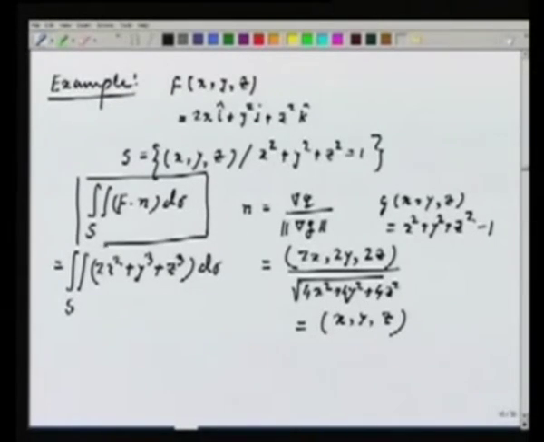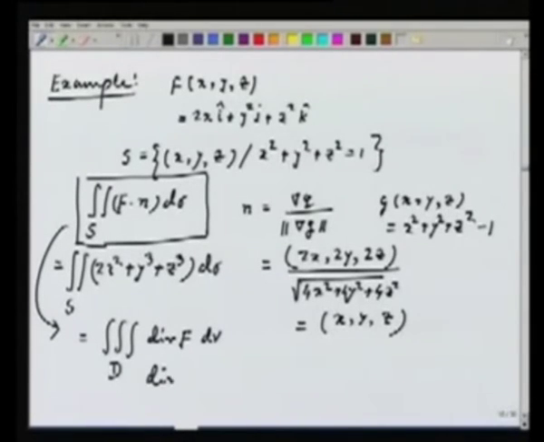So if I apply the divergence theorem, this is actually going to be equal to the integral over the solid sphere, which I call D, of divergence f dV. Okay, the volume integral, that is the triple integral. Now what is divergence of f? That I can very easily calculate from this given function.